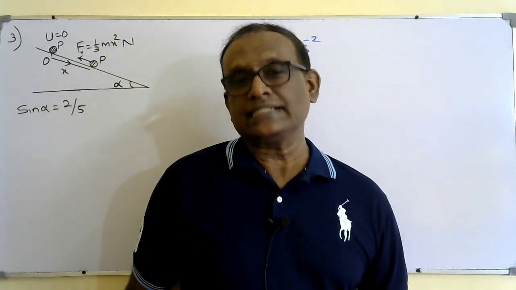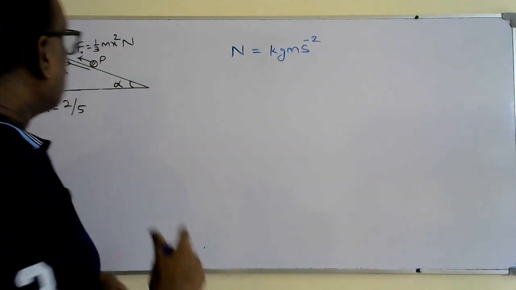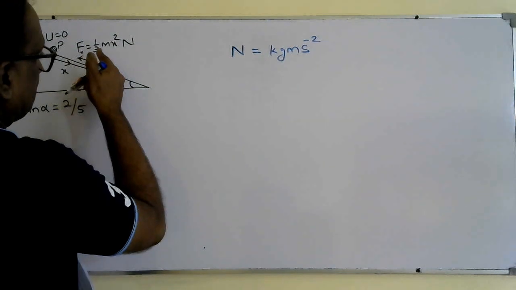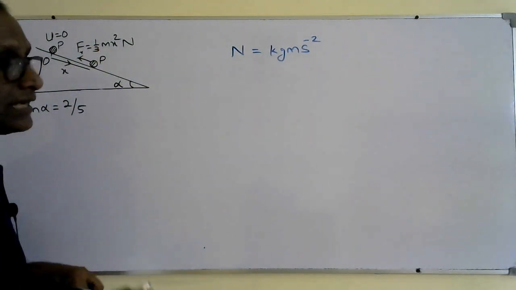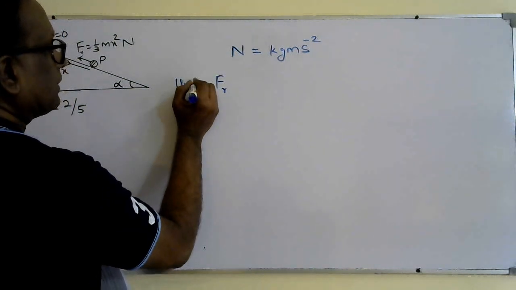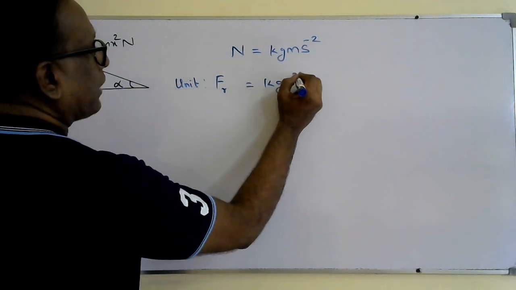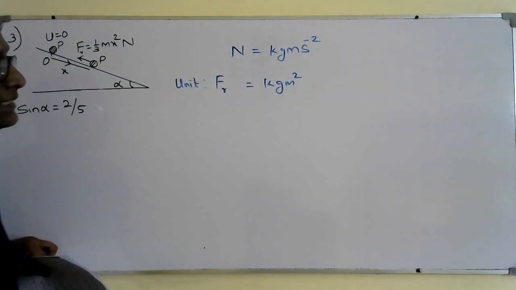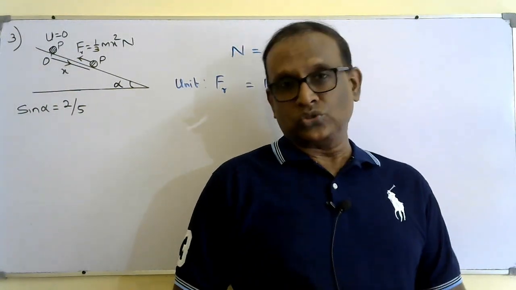Its base unit is kilogram meter second minus 2. But the unit of the force is given as 1/3, a number, times mx squared, the mass in kilogram. So the unit of the force, if I consider, is kilogram meter squared. Anyway, I don't know why they are telling it, kilogram meter squared cannot be the unit of Newton.